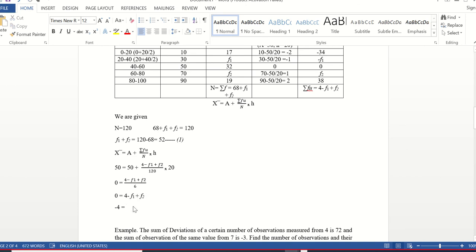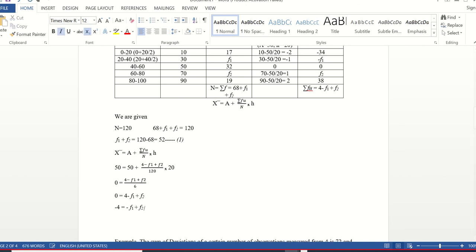So this will become your equation 2. So here we got our equation 2. Now we have two equations with us. The first equation is f1 plus f2 equals 52, and the second equation is minus f1 plus f2 equals minus 4.